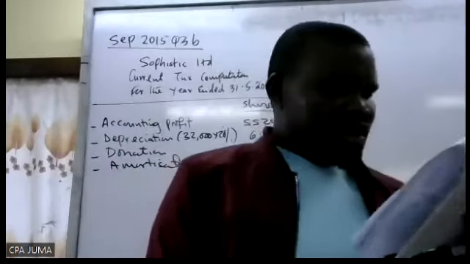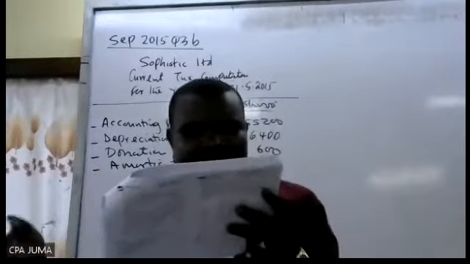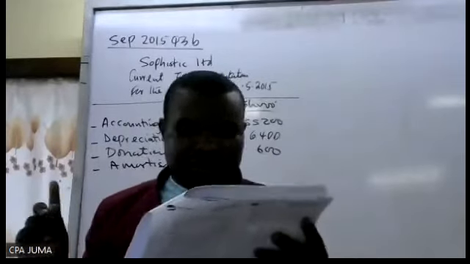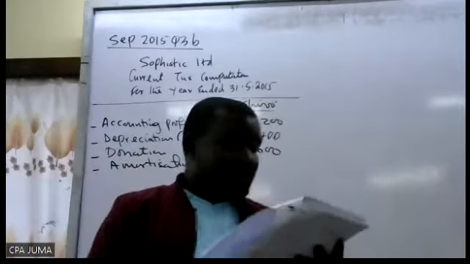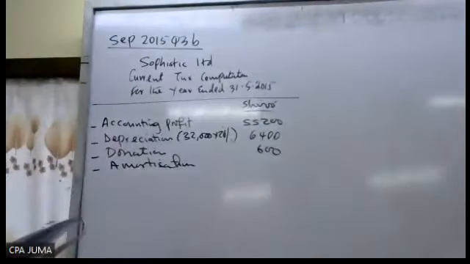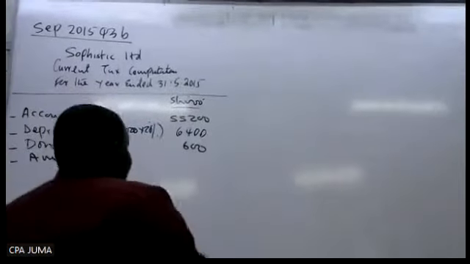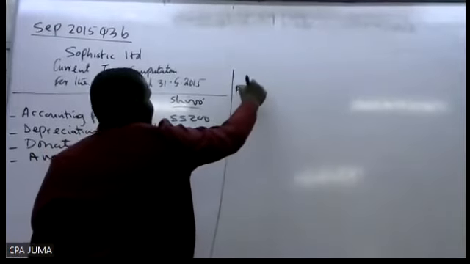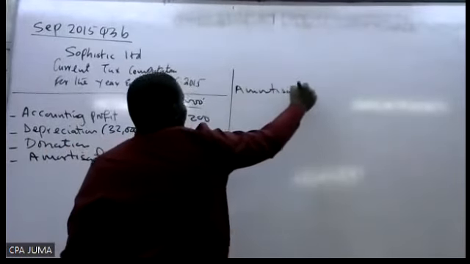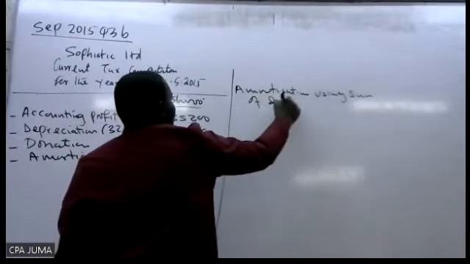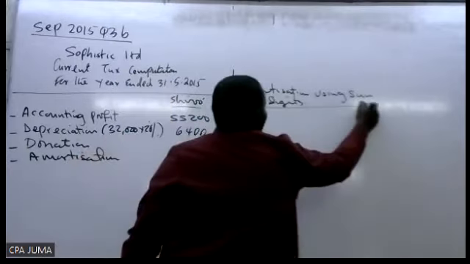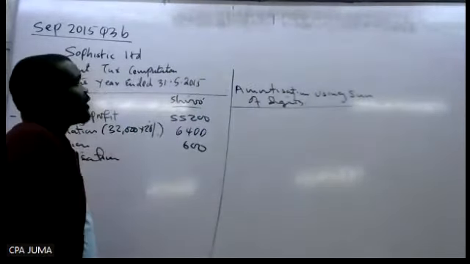Capitalized development cost, which amounted to 9, and amortization commenced in 2012, using which method? The sum of digits method over the estimated useful life of 5 years. So now, the small working notes there for amortization, using sum of digits.